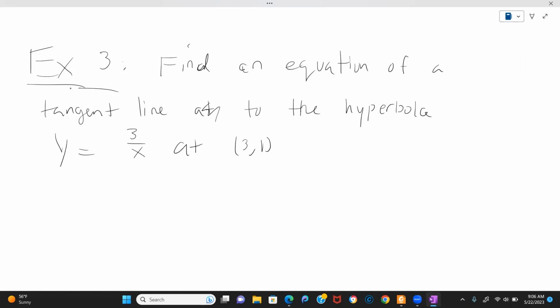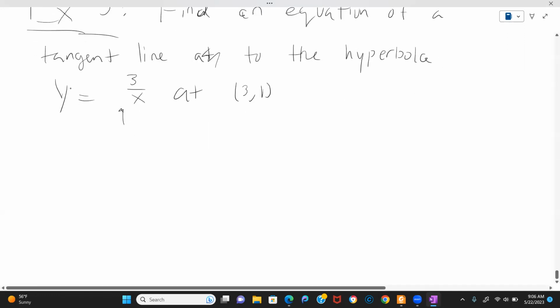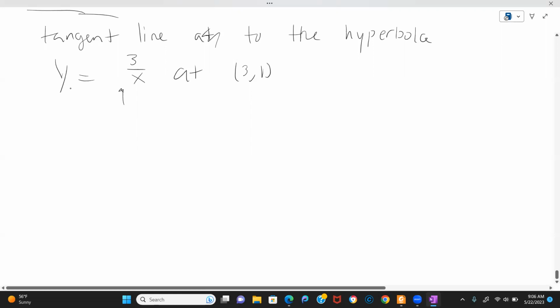So 3 comma 1 is definitely a point on this curve, satisfies the equation. And so we want to know the slope of the tangent line. The slope is going to be m.